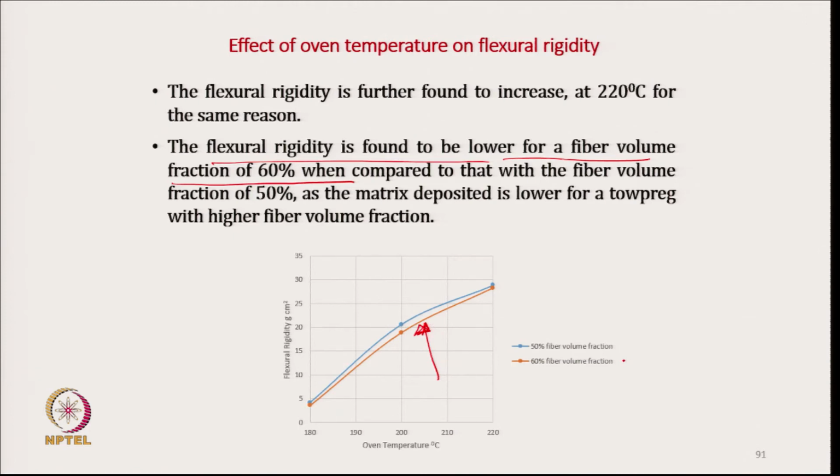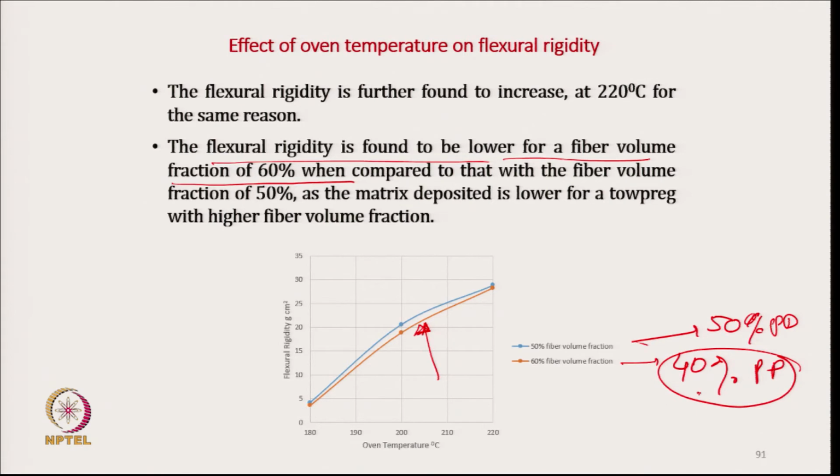So, 60% fiber volume means 40% is PP, here 50% PP. So, due to lower quantity of polypropylene, the flexural rigidity of 60% volume fraction is lower than the 50% volume fraction.